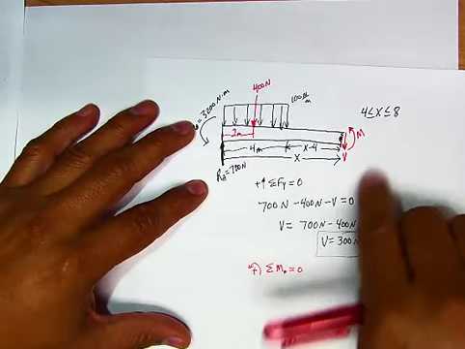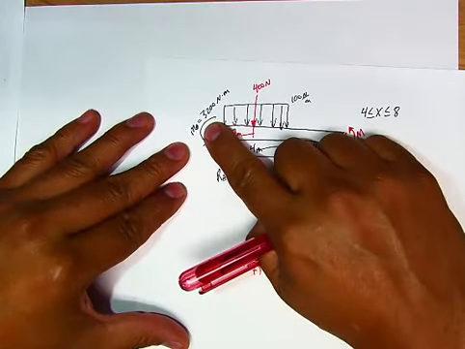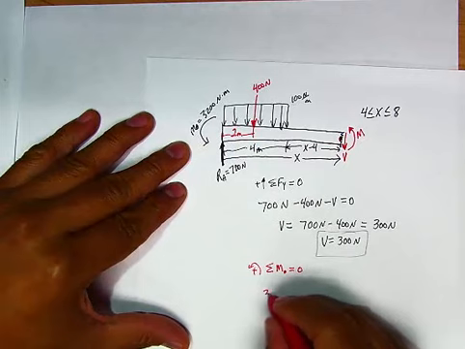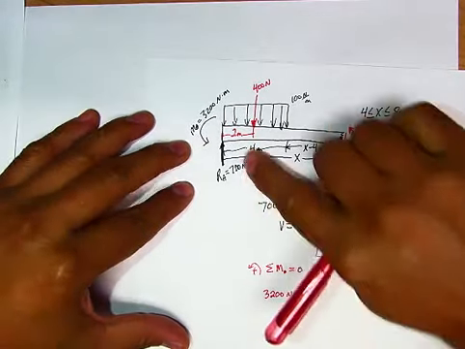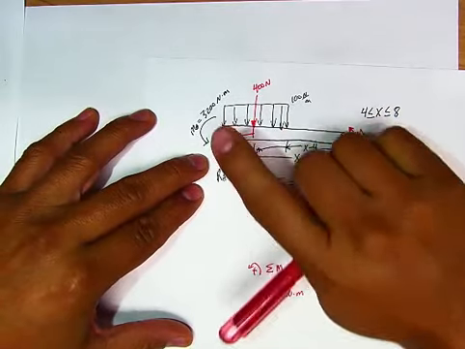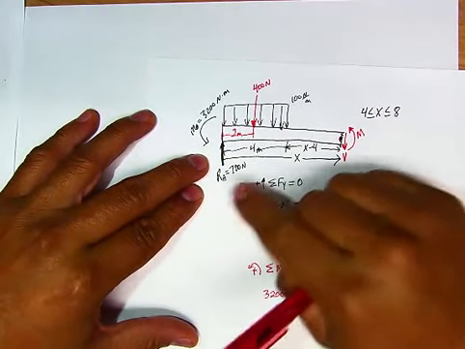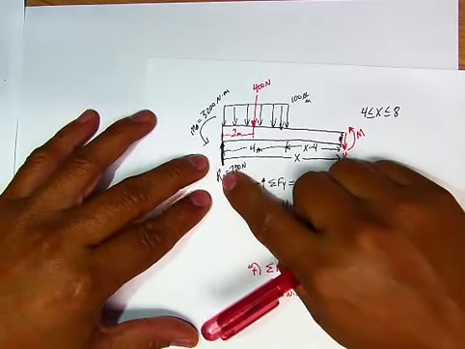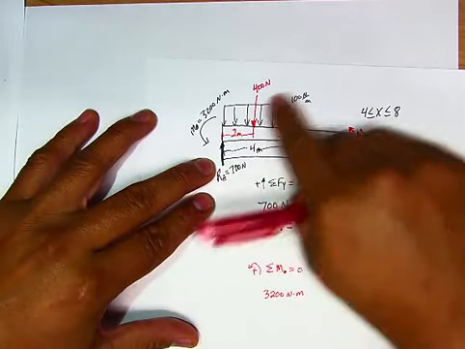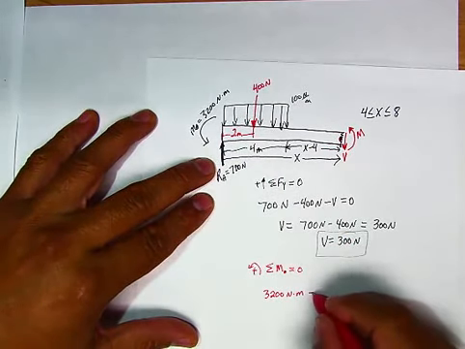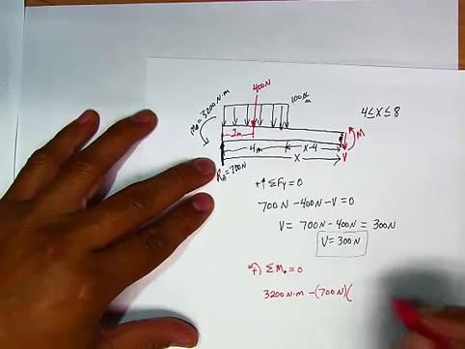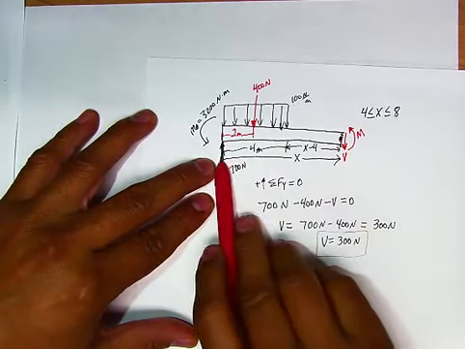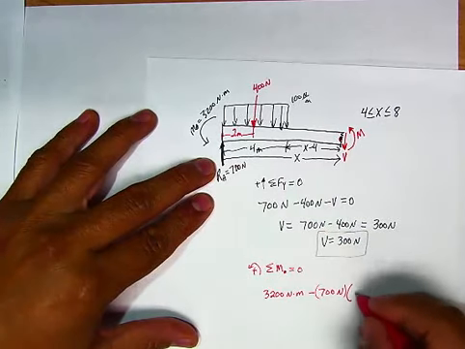And of course, we start from left to right. We have a positive 3,200 Newton meters because it is counterclockwise. We have this RA, which almost slipped my mind on the previous problem. This is producing a clockwise rotation. So this is a negative 700 newtons times a distance from here to here of x.